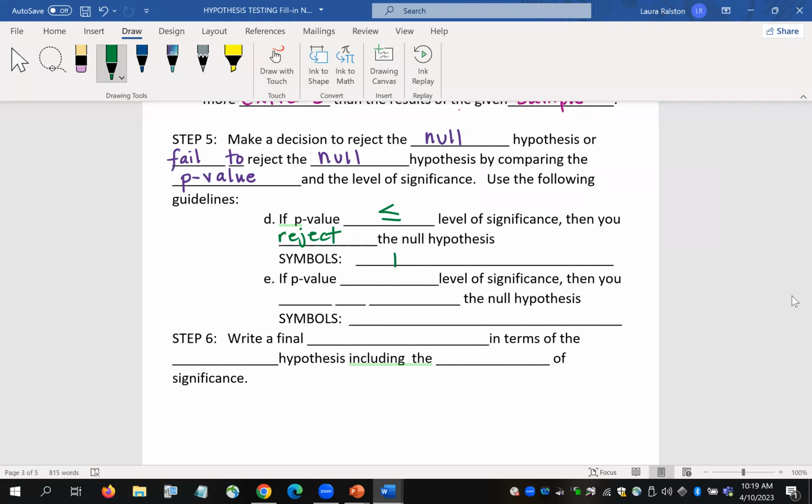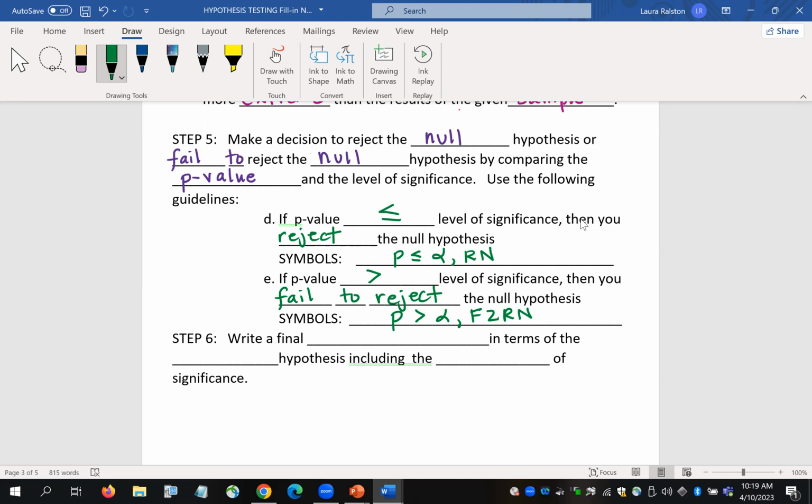In symbols, we write if p is less than or equal to alpha, we reject the null. If the p-value is greater than the level of significance, then you fail to reject the null hypothesis. In symbols, we write if p is greater than alpha, we fail to reject the null.